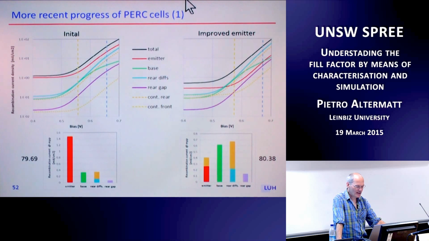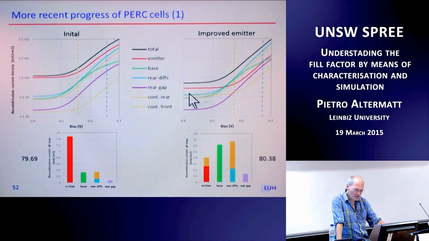And let's say that's an initial cell where the emitter dominates the losses. And the base is quite far down, and blue here is the rear diffusions, and lilac is actually the surface at the rear. And at MPP, the losses are always dominated by the emitter.